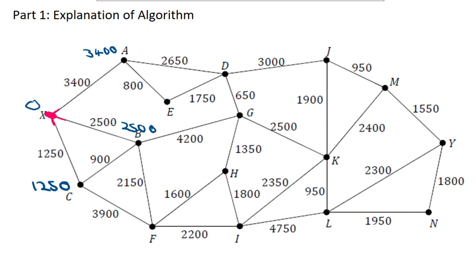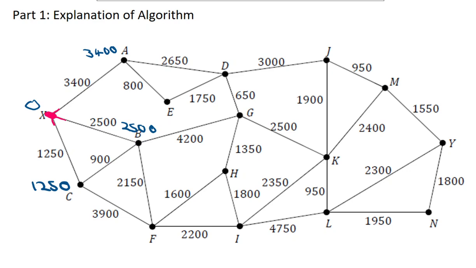So now x is visited, we never need to come back to x, because we know those three numbers we've written are the shortest way to get away from x. What we look at now is the smallest number we have in our active nodes. The active nodes are the ones we've just drawn lines to, the ones which have distances on them.